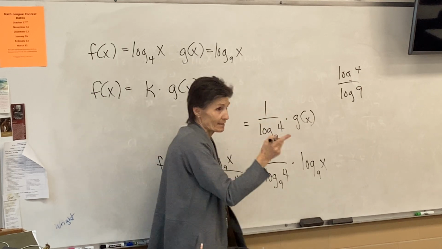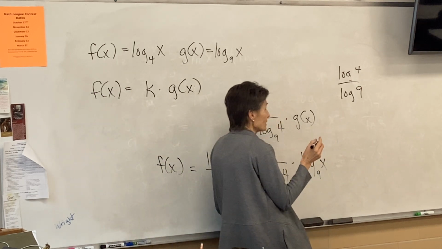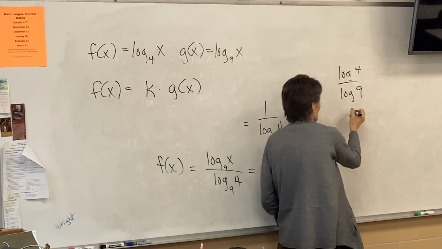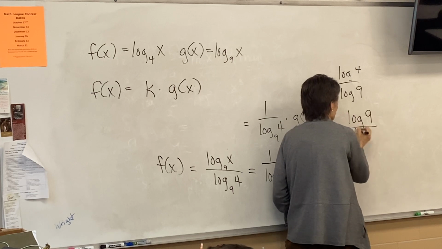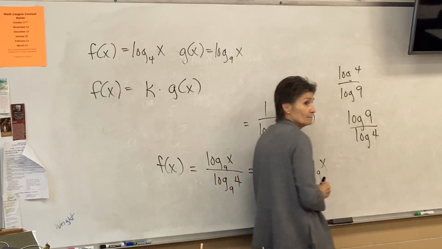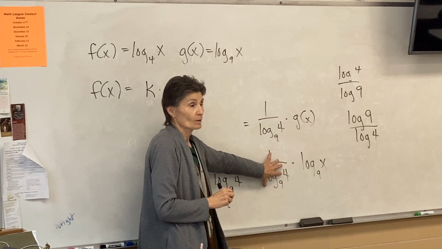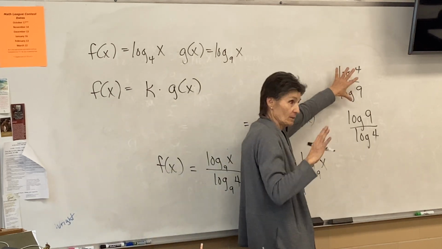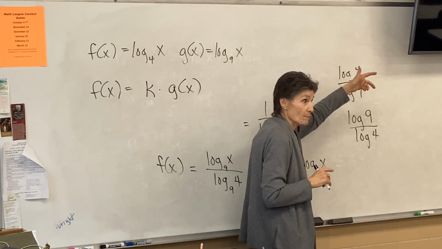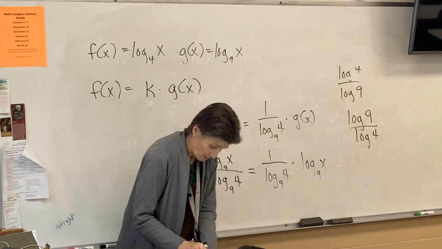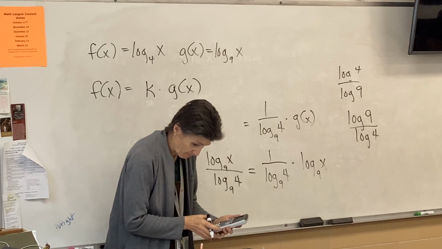Yep, so basically, I don't want anybody to get confused, but since this is 1 over, could I just type into my calculator log 9 over log 4 to get this coefficient right here? Or, you can type it in regular, and then find the reciprocal of it. Okay, so let's do that, what is that coefficient gonna be?